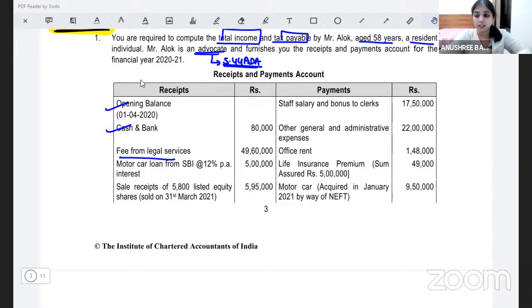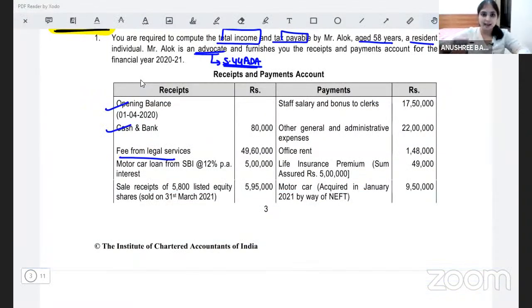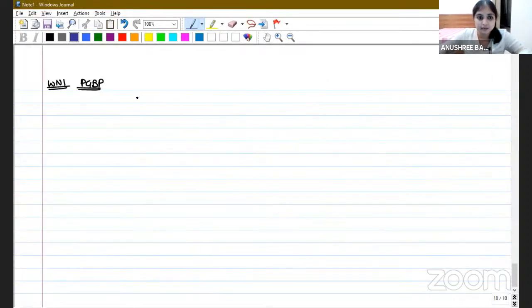So we will take all the taxable incomes, and from those taxable incomes, we will subtract all the allowable expenses, and that is how we will get PGBP. So my assessee's fee from legal services is definitely a professional receipt. So write down fee from legal services. What is the amount?